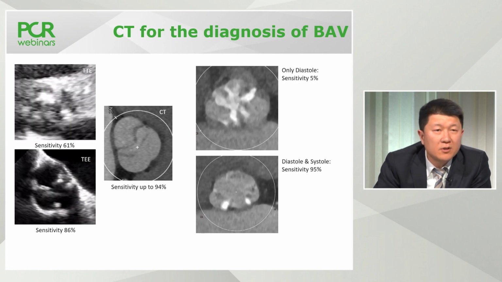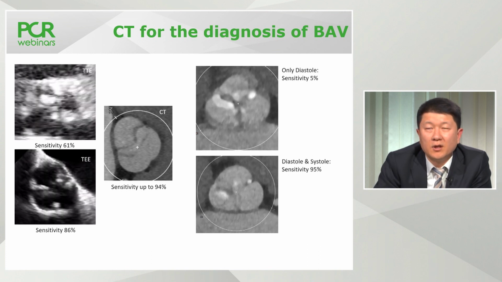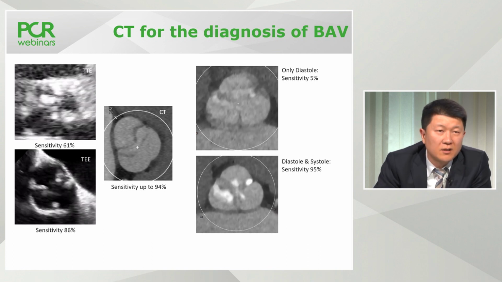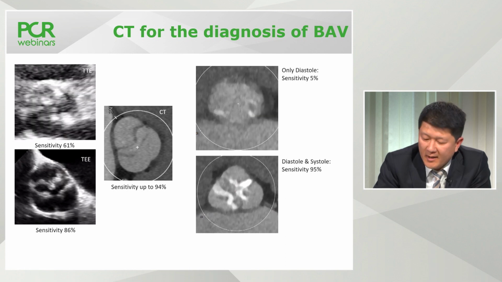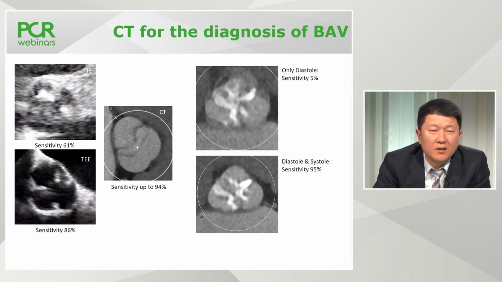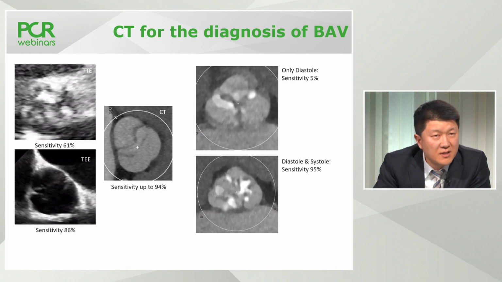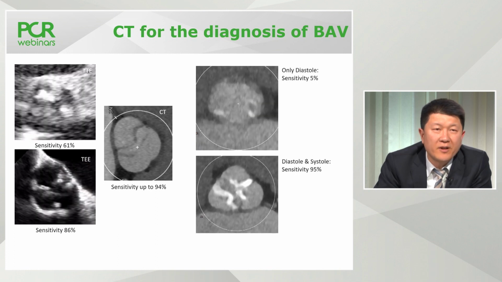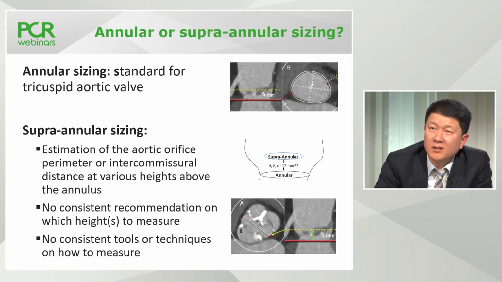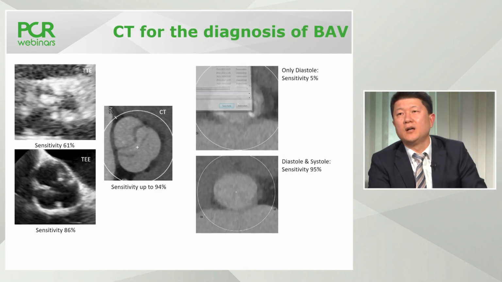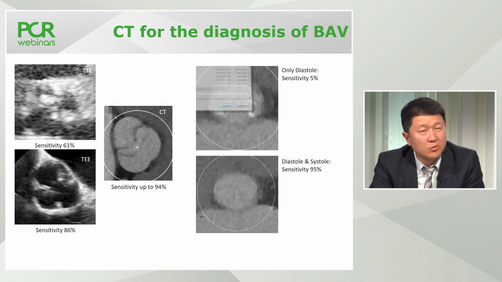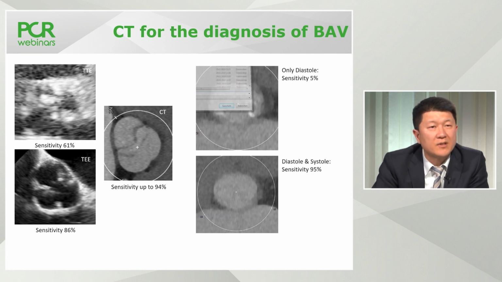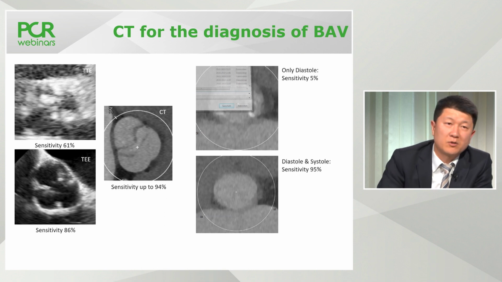So it will be really difficult to tell for the echo operator whether there is a tricuspid or bicuspid aortic valve. And in this context, it becomes extremely important to have a CT analysis, and sensitivity using CT increases up to 95%. And if you use CT, it will be important to take into account also systolic reconstructions where the bicuspid phenotypes can be appreciated much better than if you only have diastolic reconstructions.